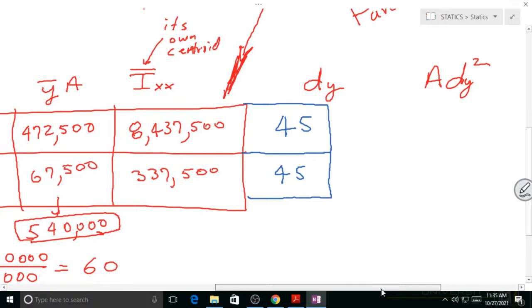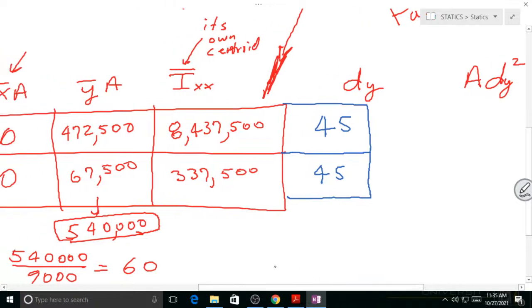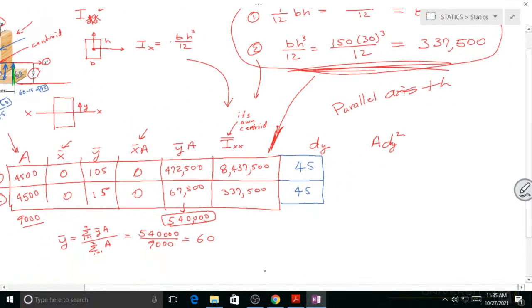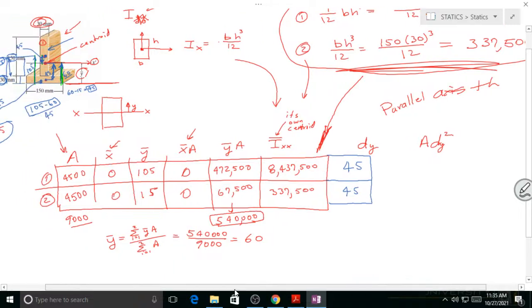Now what I need to do, and these are big numbers. The next thing I'm going to do is big numbers. I have to take the area, multiply it times d squared, and put it in this column. And so this column is going to be big and wide too. I'll just use my cell phone. 4,500. First, I'll take the square.